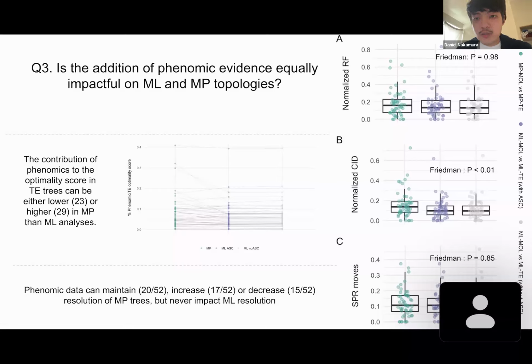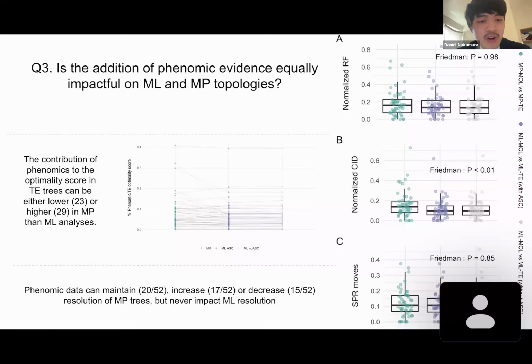The same was not observed in Robinson-Foulds and SPR moves. When we assessed the contribution of phenomics to the optimality score in total evidence trees, we computed the proportion of the optimality score from phenomic-only trees divided by the optimality score of the total evidence trees.